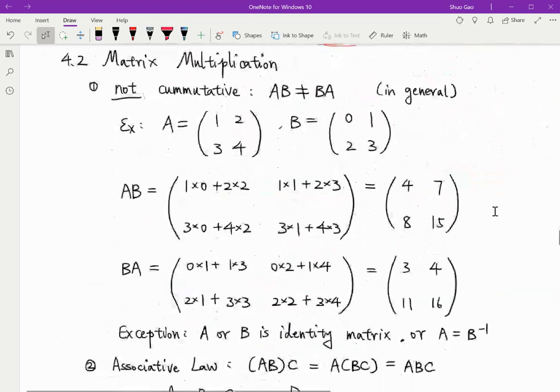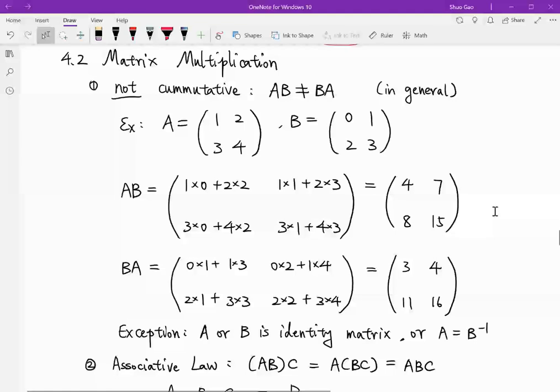For the matrix multiplication, the most important thing that you need to know is that it's not commutative. So what I mean is that matrix A times matrix B doesn't necessarily equal matrix B times matrix A.